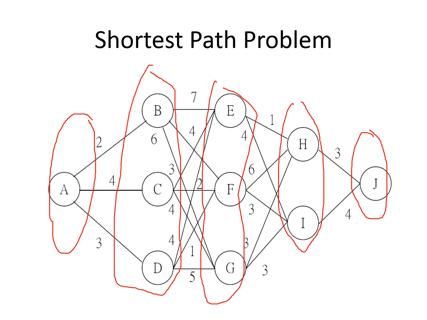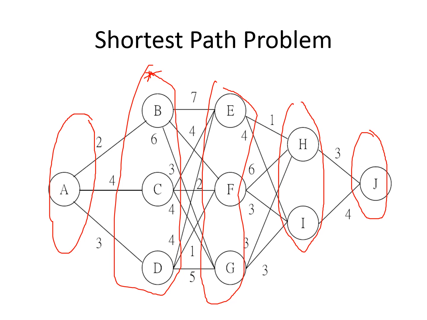For example, stage 1 has one state A, stage 2 has 3 states B, C, and D, stage 3 has 3 states E, F, and G, stage 4 has 2 states, state H and state I, and the last stage has one state only, J. So if I tell you you're in stage 2, for example, then you could be in any one of those 3 states, B, C, or D.